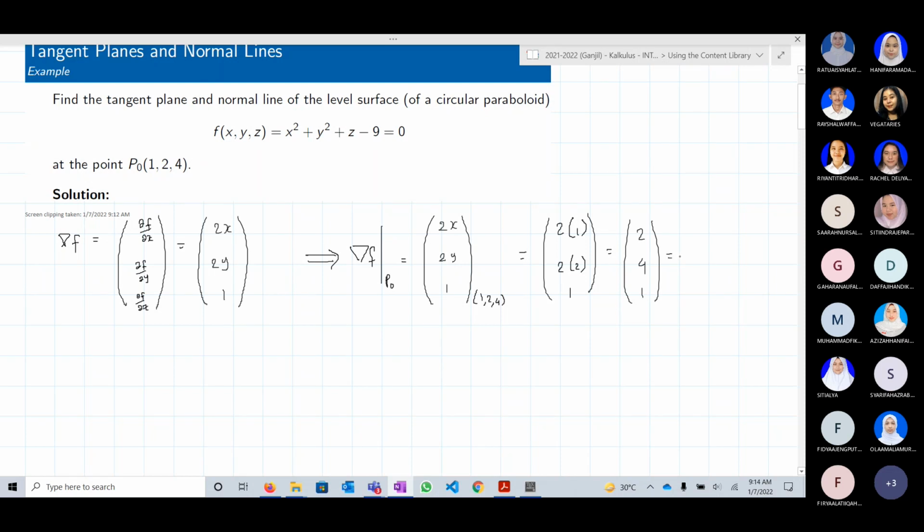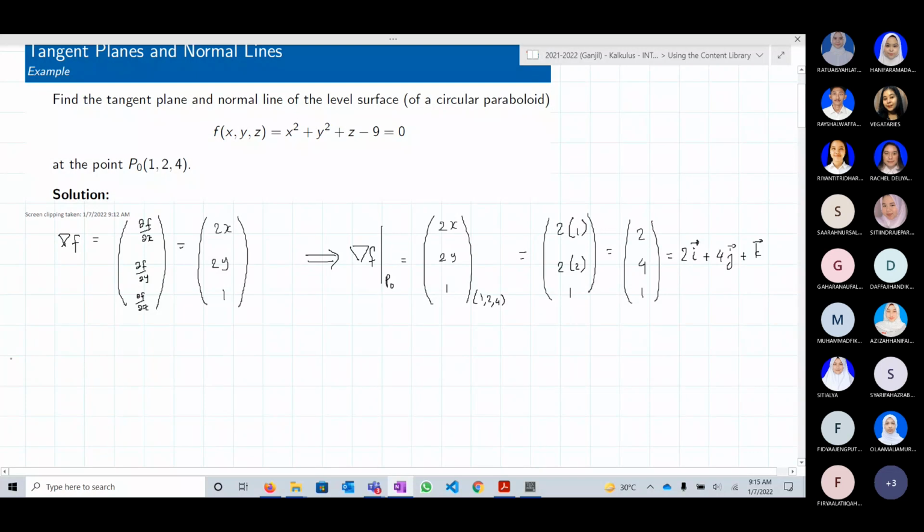Or you can also write this in terms of i, j, and k like this: 2i plus 4j plus k.